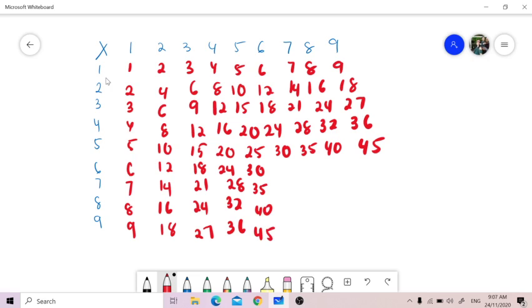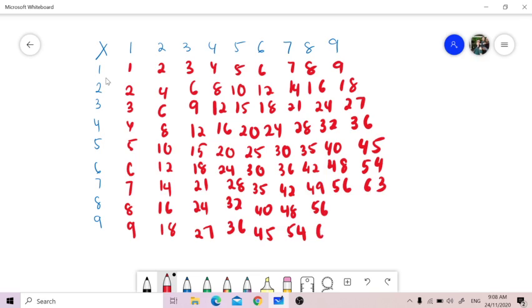Plus 6, 30 plus 6, 36, 42, 48, 54. 42 plus 7, 49, 56, 63. 56 plus 8, 64, 72, 81. So we have done our multiplication table.